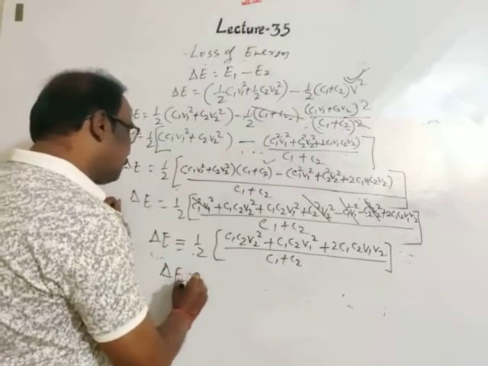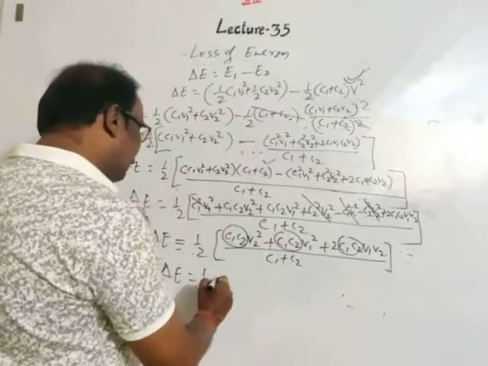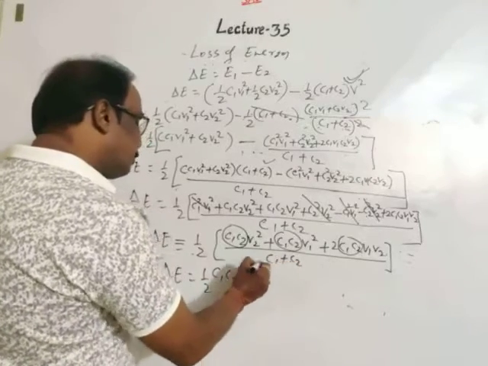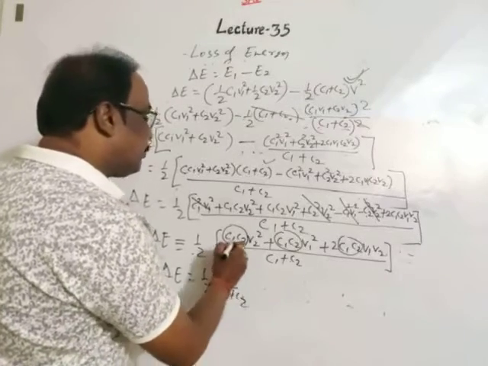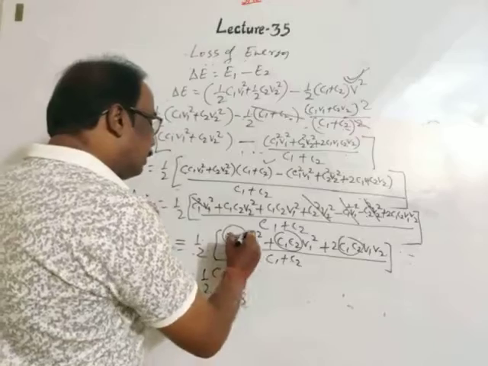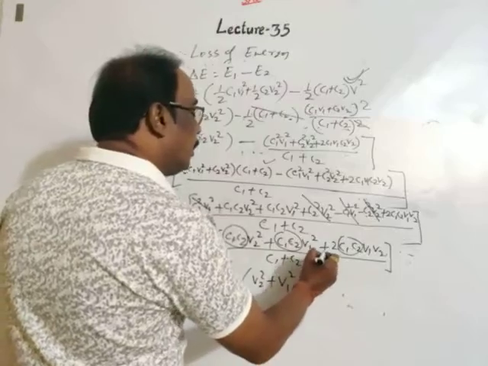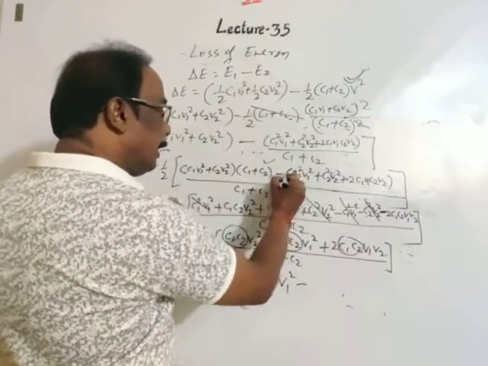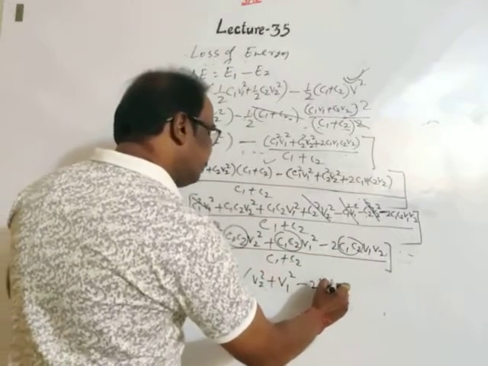Then loss of energy is half, C1C2 bring it common, divided by (C1 + C2), then the remaining factors inside the bracket: V2 square plus V1 square, and the remaining factor is minus 2 V1V2.